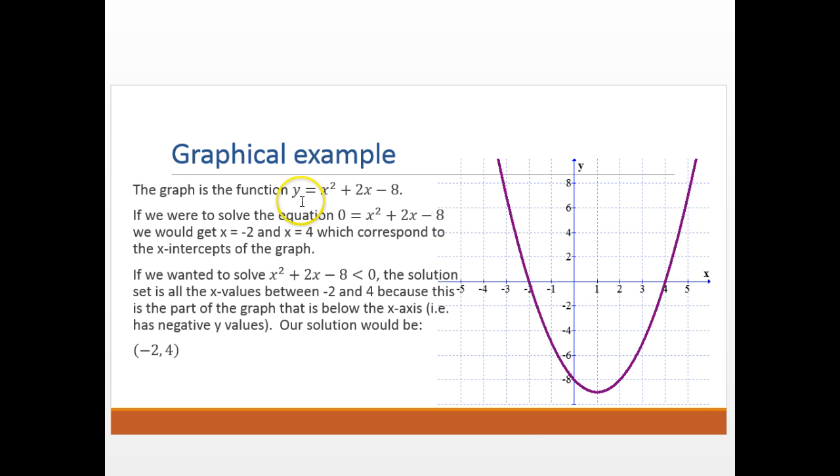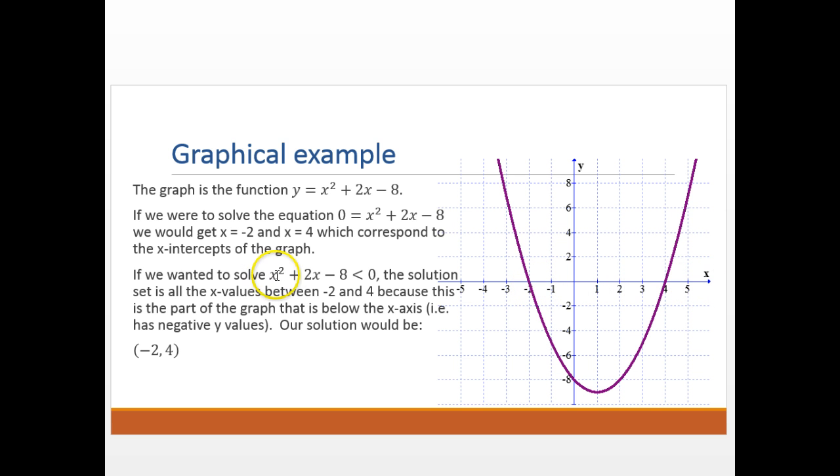Let's look at this concept graphically. This graph is the function y equals x squared plus 2x minus 8. If we were to actually solve 0 equals x squared plus 2x minus 8, we get two solutions. We get x is negative 2 and x is 4, which correspond to the two x-intercepts on this graph.